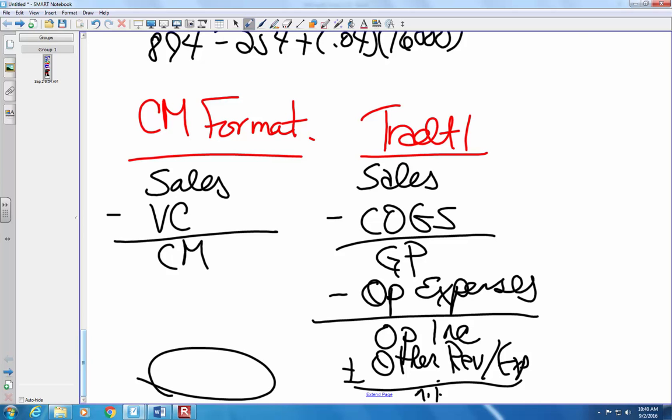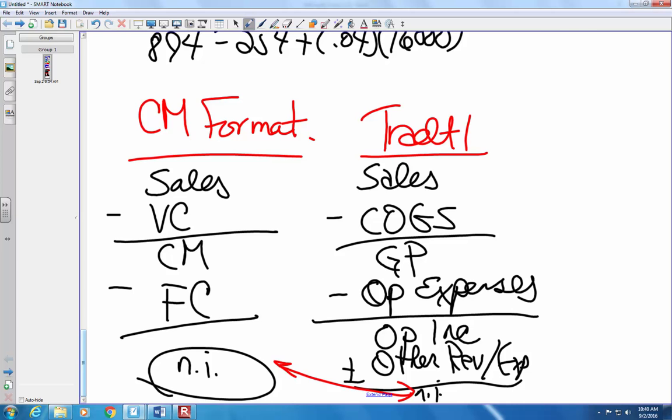So if we carefully manage this number, we've always got a clear snapshot of what amount we have available to cover our fixed costs and generate income. And again, these numbers are no different between the two.